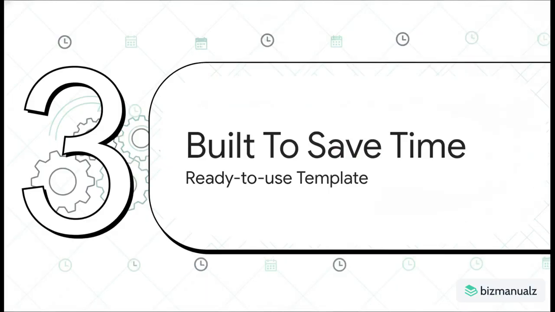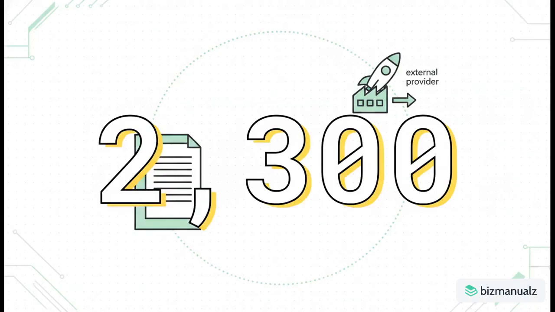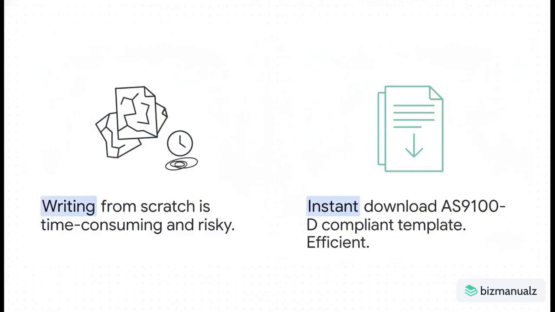Now let's jump into Section 3, built to save you time. 2,300. That is the exact word count of this comprehensive 8-page standard operating procedure. So the second you make the purchase, you are instantly downloading 2,300 words that are already expertly written, organized, and perfectly formatted for you. Think about the absolute headache of trying to write complex aerospace compliance documents from scratch.